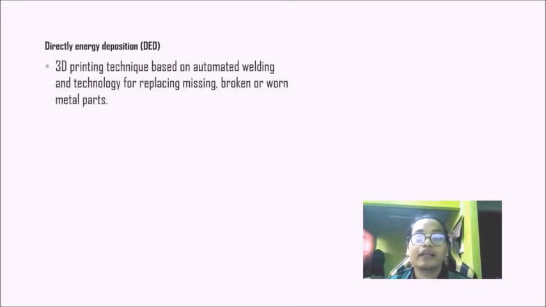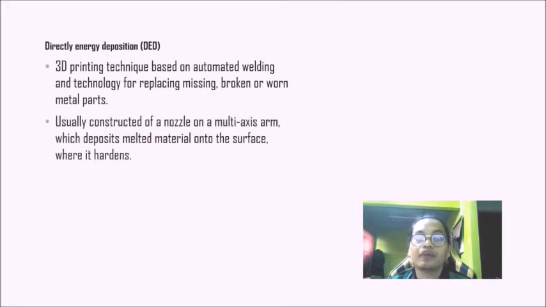Next, we talk about directed energy deposition (DED). These are 3D printing techniques based on automatic welding technology for replacing missing, broken, and worn metal parts, usually constructed with a nozzle on a multi-axis arm, which deposits a melted material onto the surface, where it hardens.